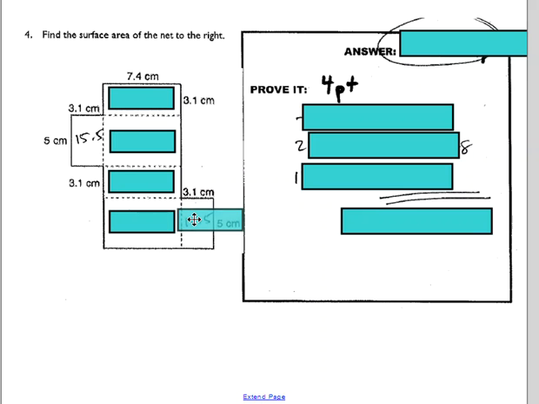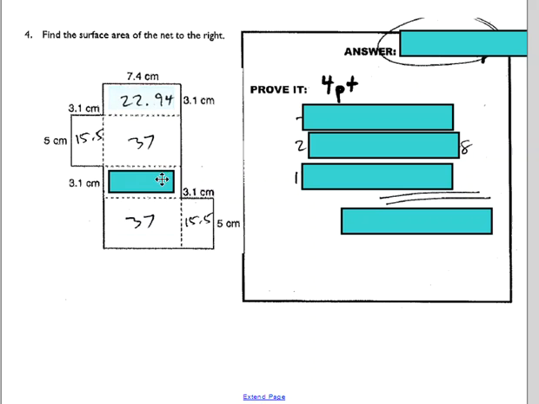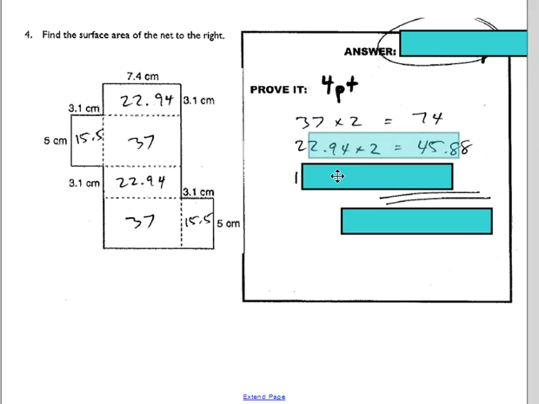And it's the same as this side right here, because you remember that with these kinds of rectangular prisms, you will have two sides that match up. Like right here, this big side, that's 7.4 by 5. 7.4 times 5. That's the same as this one right here. So if we realize that we have these 6 faces, that leads us to adding them all up.